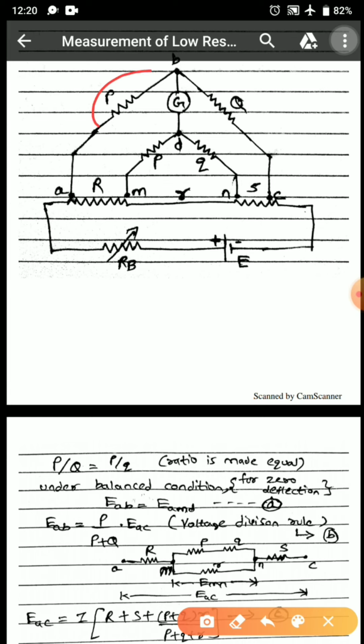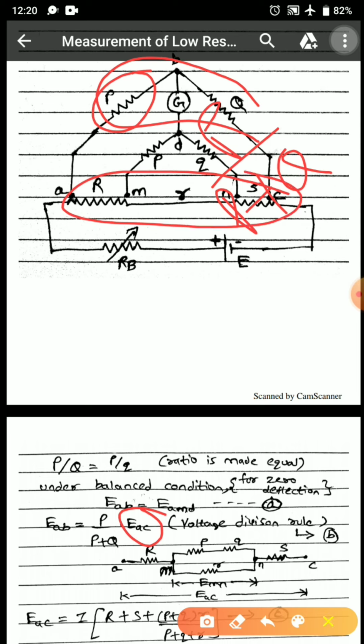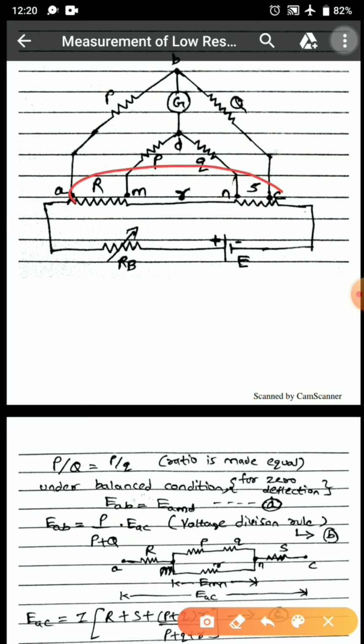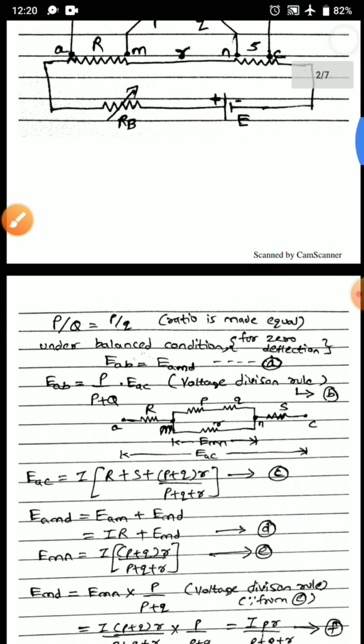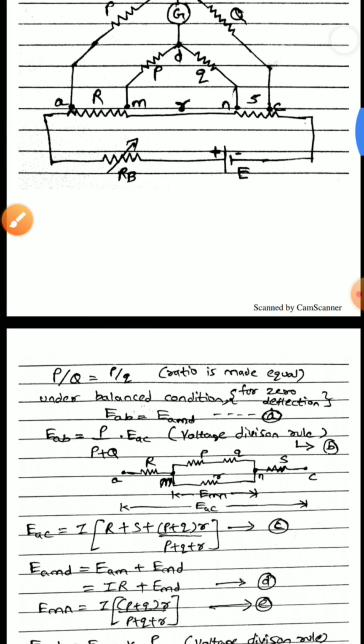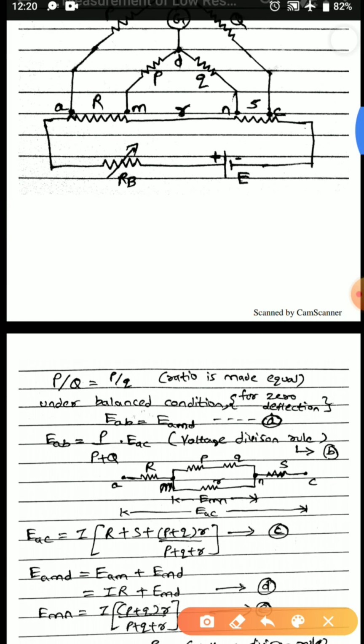The resistance across this is P, and the resistance of the full arm is P plus Q. So I'll have P divided by P plus Q into EAC, that is the complete potential across this path, with P plus Q being the total resistance of the path. By applying the voltage division rule, I can find the value of EAB. Now I have found the value of EAB. Now when I am looking at this condition, I can see EAC is there.